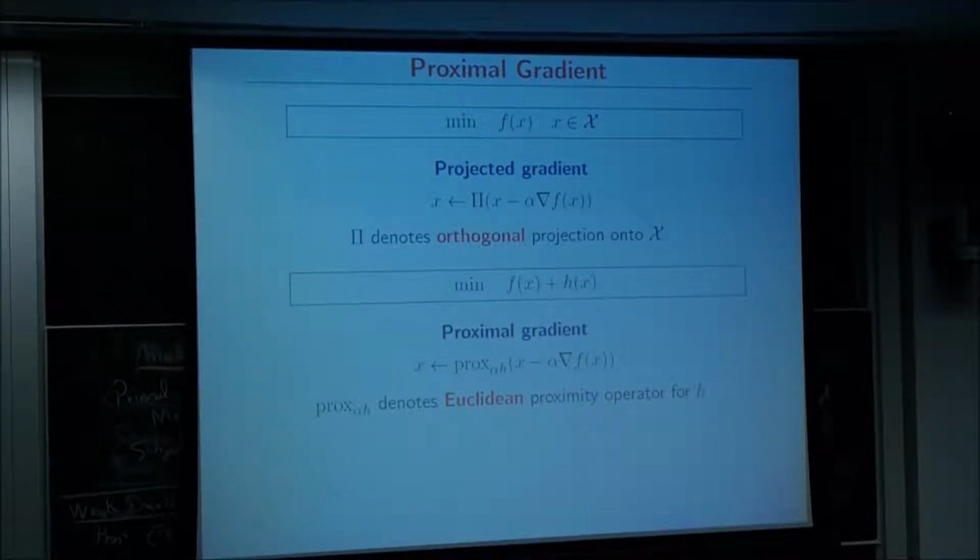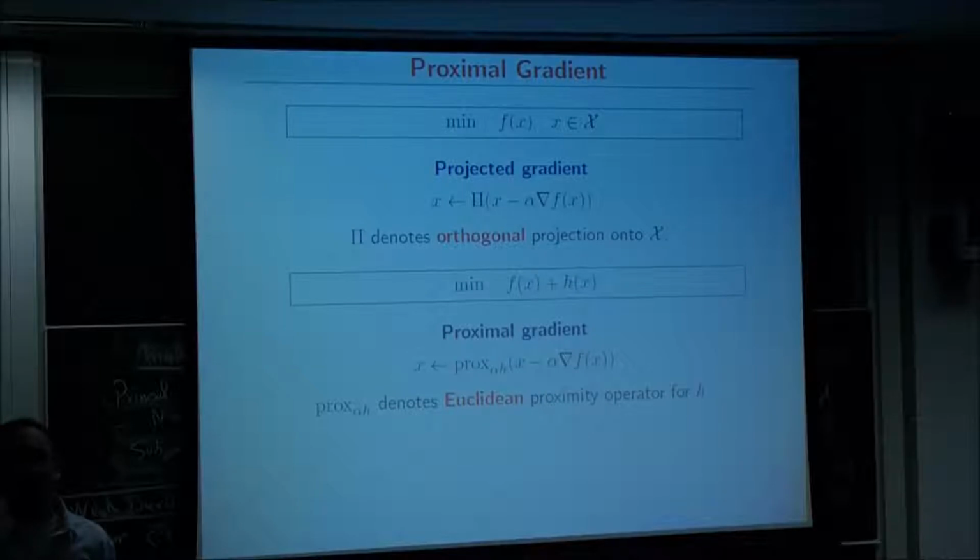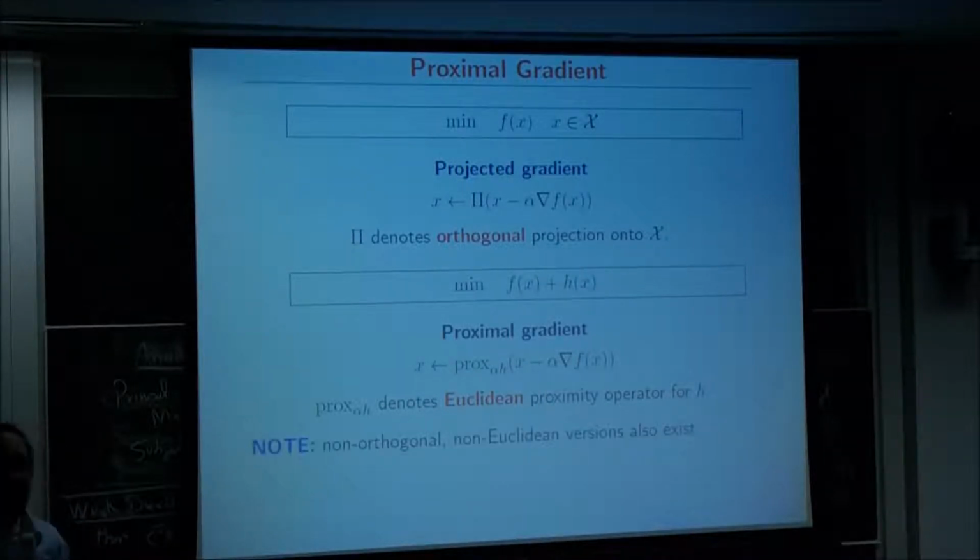And I'm calling it orthogonal projection, so it really does direct orthogonal projection. And the proximity operator that Yao Liang talked about is the Euclidean proximity operator. By stressing those words, I just want to suggest that, yes, of course, it is entirely possible to think of methods with non-orthogonal projections and non-Euclidean proximity operators. I might briefly mention those at some point later in the class, but it's not critical for today.